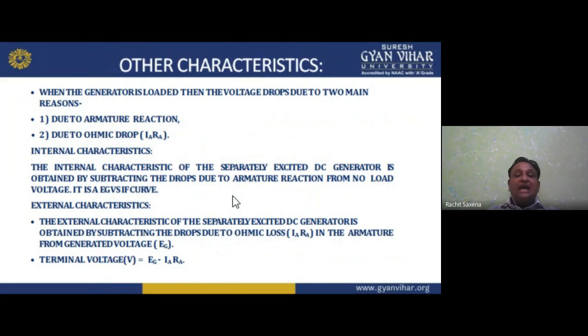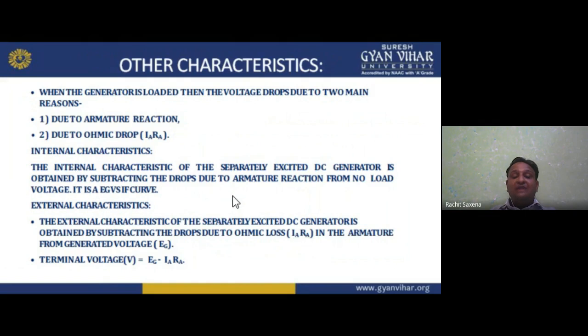Now another one is the external characteristic. The external characteristic of the separately excited DC generator is obtained by subtracting the drop due to ohmic loss, that is IaRa, in the armature from the generated voltage EG. EG is basically the generated EMF in the armature. So we can write the terminal voltage in a generator as EG minus IaRa.